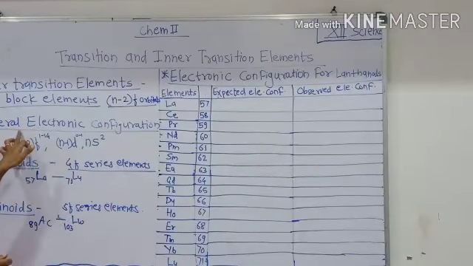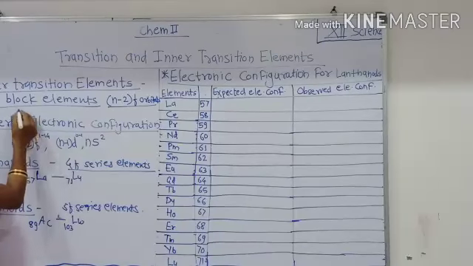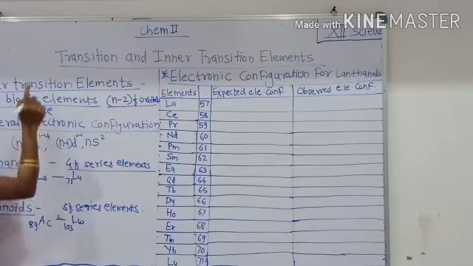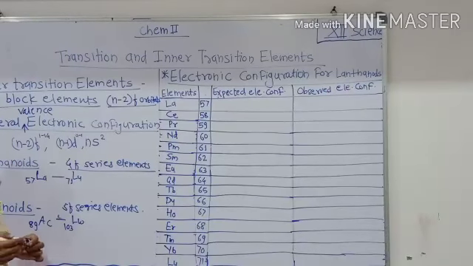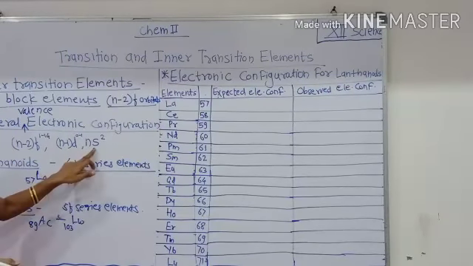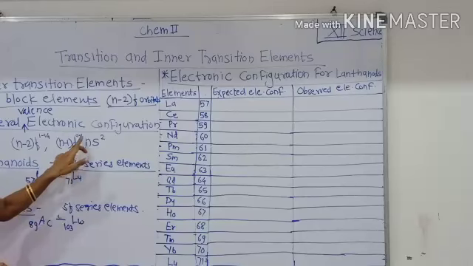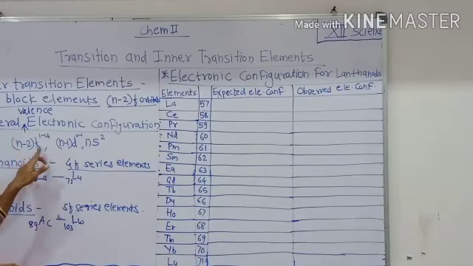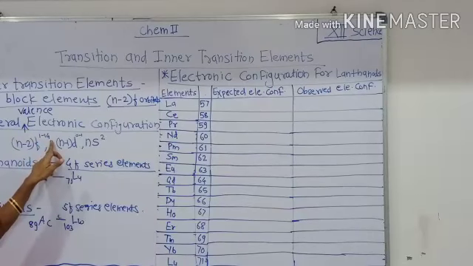Therefore the general valence electronic configuration for f block elements is ns2 (n-1)d0-1 (n-2)f1-14.